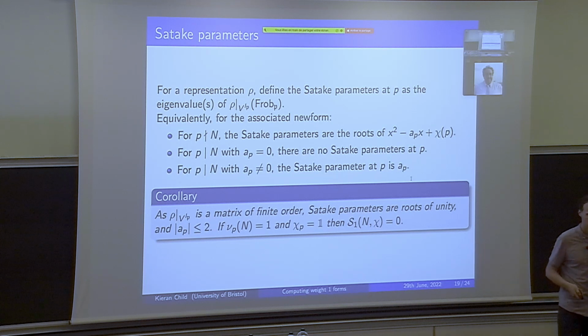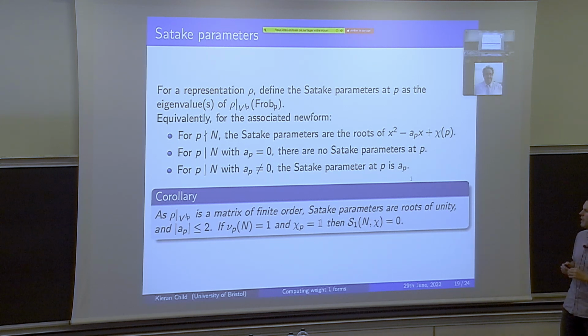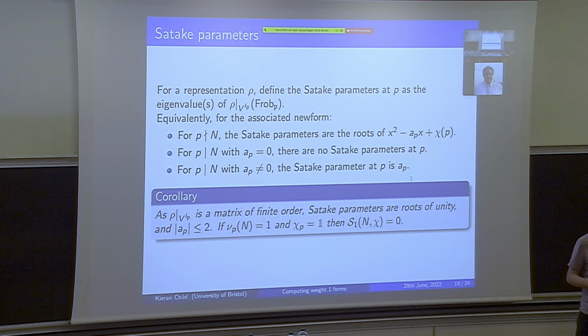There are also some spaces where there's never going to be any cusp forms, so we don't have to bother with these spaces, because as in Asai or other papers, we would expect the Fourier coefficient AP to have a certain size, but it's a root of unity, so those things can't both be true, so there can't be any meaningful weight 1 cusp forms in that case.